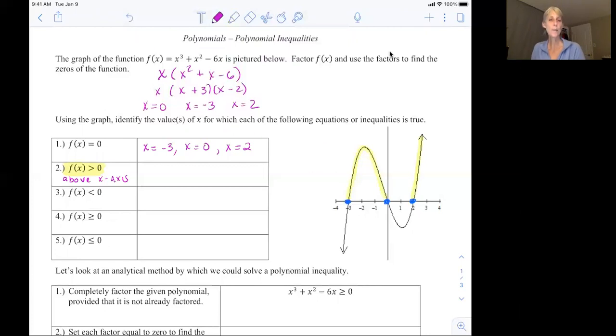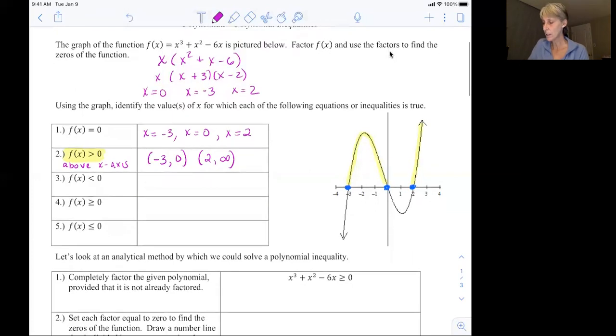If I want to describe those intervals, we're not including 0 this time, so we're going to use parentheses: -3 to 0 and 2 to infinity.